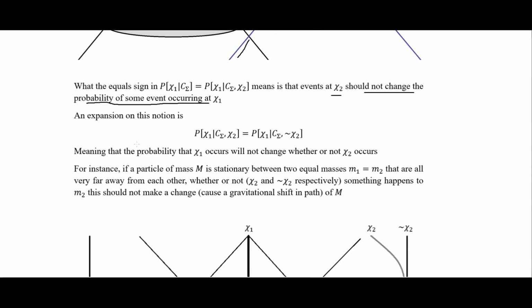And so we can actually expand on this and just say that the probability of chi1, given this complete description at sigma and chi2, is equal to the probability of chi1 given this complete description at sigma and not chi2, meaning that the probability of chi1 occurring will not change whether or not chi2 occurs.